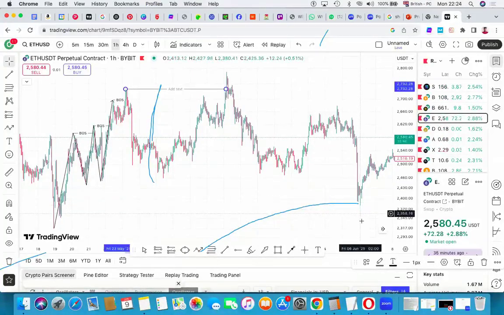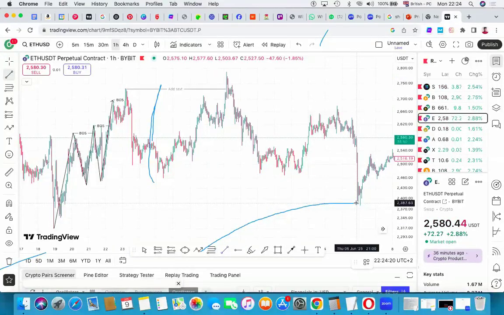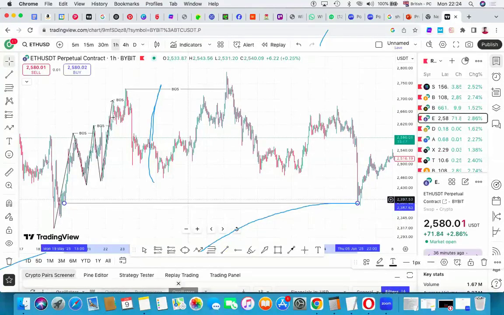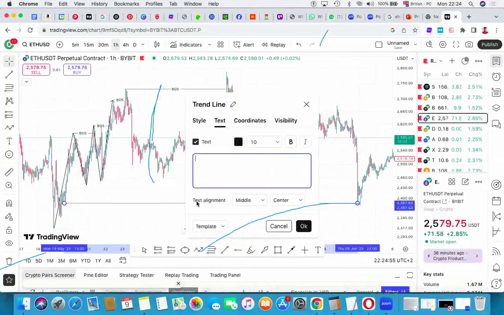As you can see from here, there was multiple chop area around here, but we had this major change in character. Broke this one, and there was this change. The market was really very choppy, but we can consider these our change of character.